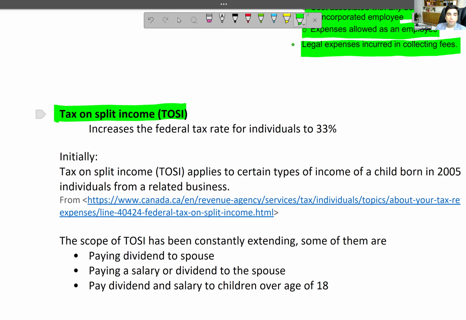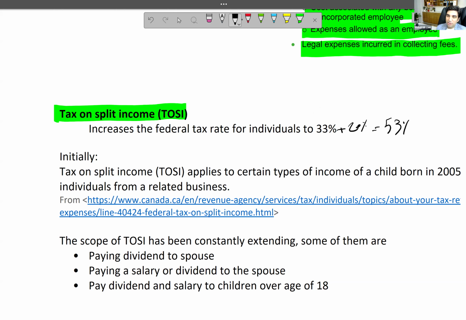If your income is categorized as TOSI and TOSI applies there, then you have to pay on the individual side. For example, Zohra, you paid Ava $20,000 from your corporation. Ava, on her personal tax return, has to pay 33% federal tax plus 20% provincial tax.